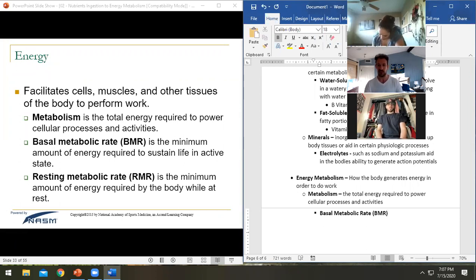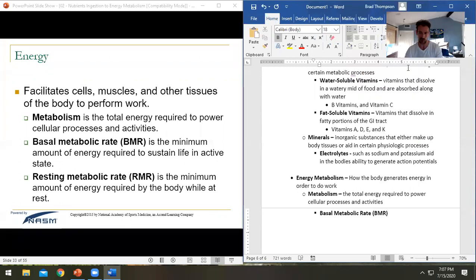That is a common misconception that your clients will make, so get used to saying that sentence for the rest of your careers. Your basal metabolic rate is the minimum amount of energy required to sustain life in an active state. That bit right there is very important, right?